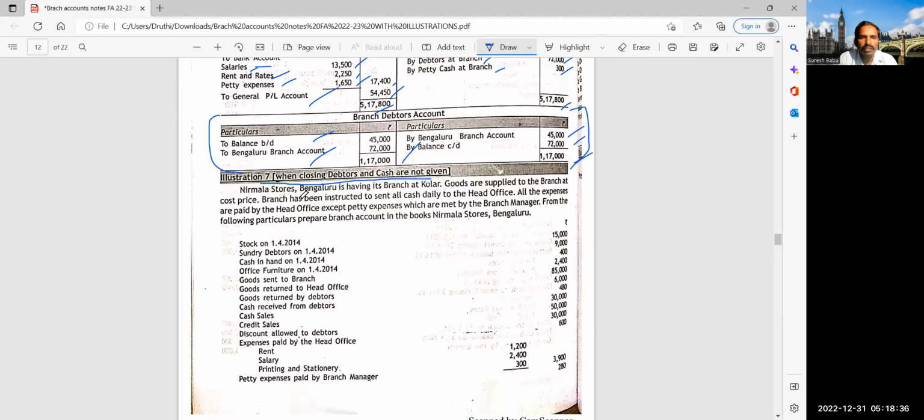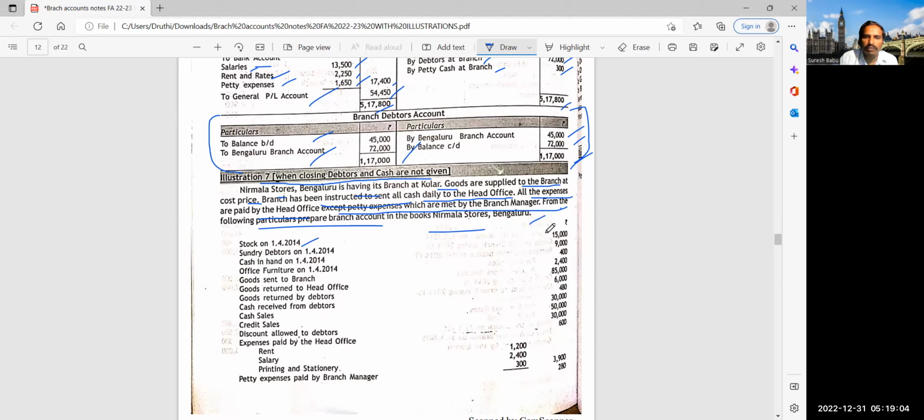Next, the seventh sum. Closing debtors and cash are not given; both are missing. Nirmala Stores, Bangalore, having a branch at Kolar. Goods are supplied to the branch at cost price. The branch has been instructed to send all cash daily to the head office. All the expenses are paid by the head office, except petty expenses which are met by the branch manager. From the following particulars, prepare the branch account in the books of Nirmala Stores, Bangalore head office.